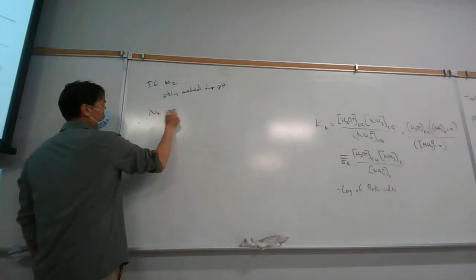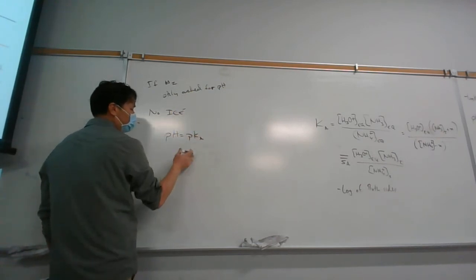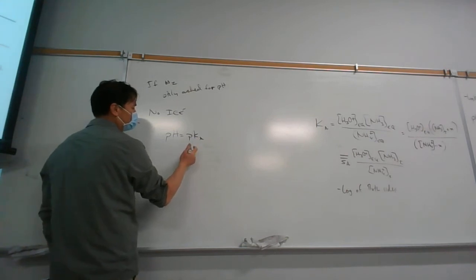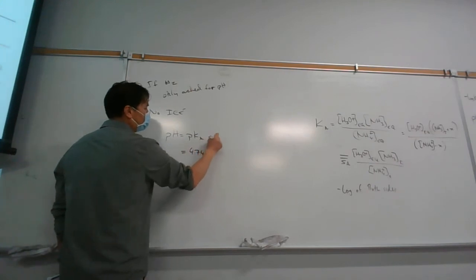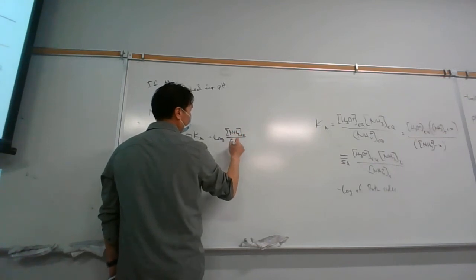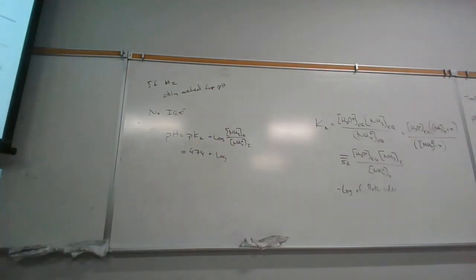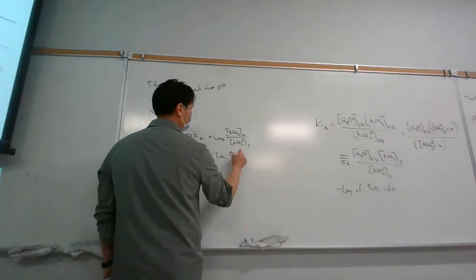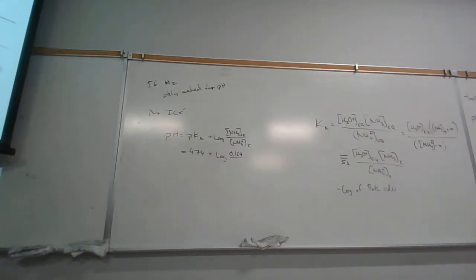The pH is equal to the pKa, the negative log of 1.8 times 10 to the minus 5, which is 4.74, plus the log of the ammonia initial over the ammonium initial. So that's the log of ammonia initial, 0.164, and the ammonium initial is 0.102.